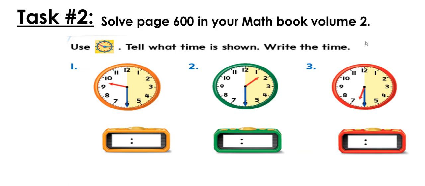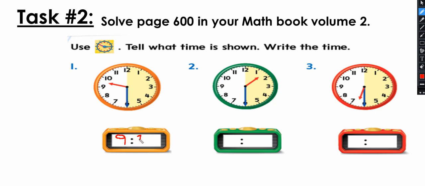In task number 2, let's go back to page 600 again. And we have to write the times that we see on a digital clock. We see the analog clock and we will write the numbers. So what is the time showing in number 1? Can you see the hour hand? The hour hand is pointing between 9 and 10. So the hour is still 9, and it's half past.